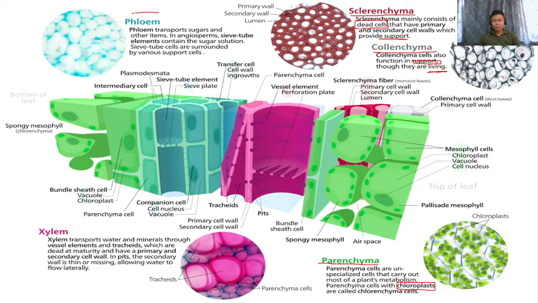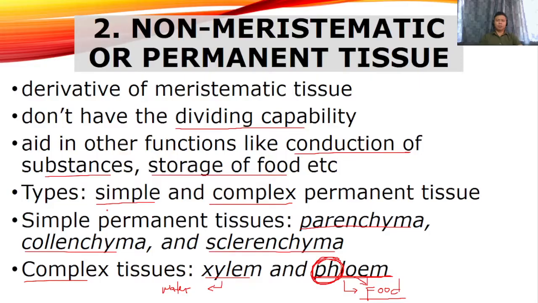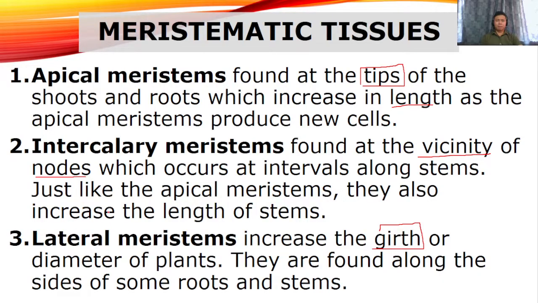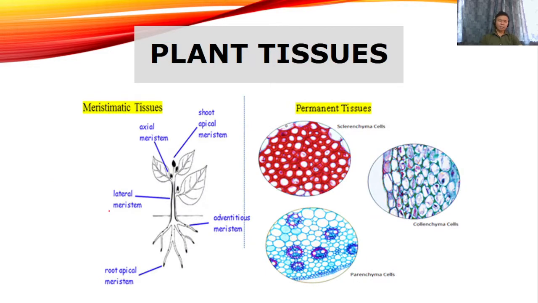For the phloem, they transport food molecules such as sugars and other minerals. For the xylem, they transport water and other minerals, okay, through the plant system. So that's the difference between plant tissues and animal tissues.